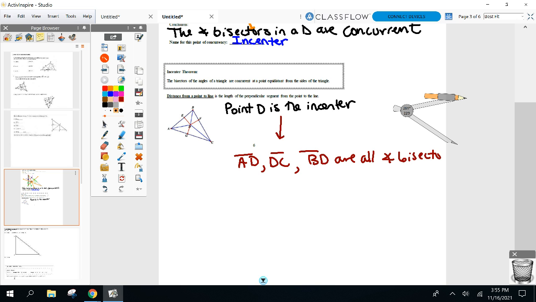The reason I know that is D is an incenter. Incenters are only formed by angle bisectors. So that's how I know all three of those lines that intersect at D are angle bisectors.